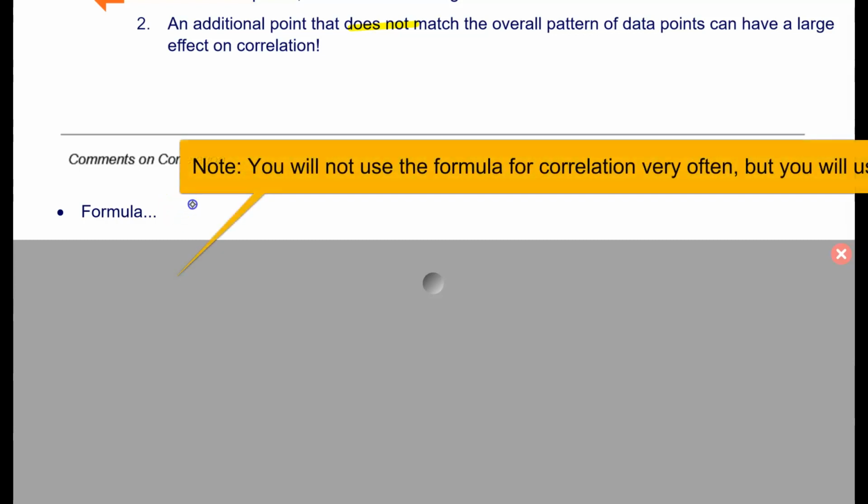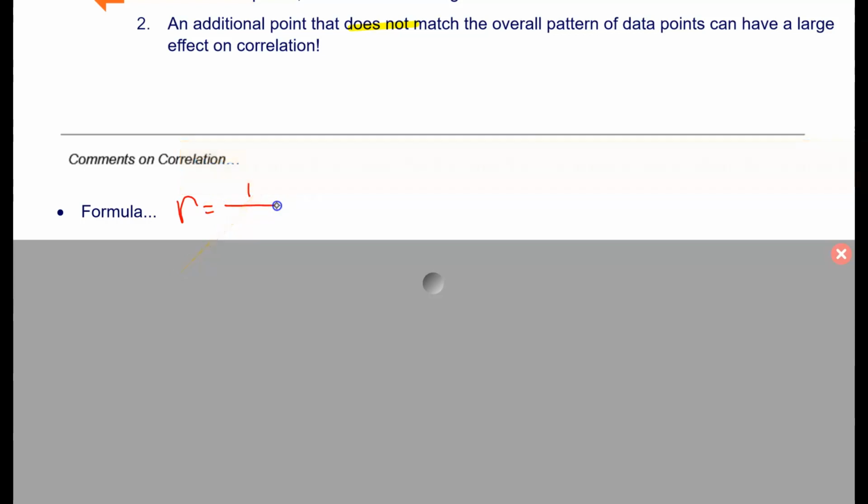Okay, the formula for r is equal to 1 divided by the quantity n minus 1, where n is the number of paired values in our data set. Another way to think of that, it's the number of points in our scatter plot, times the sum, Greek letter sigma, of a product. So in this product, we have two factors.